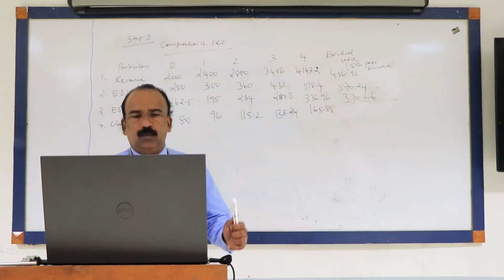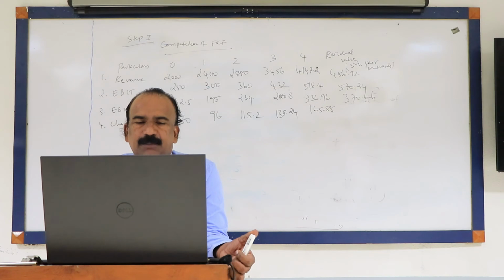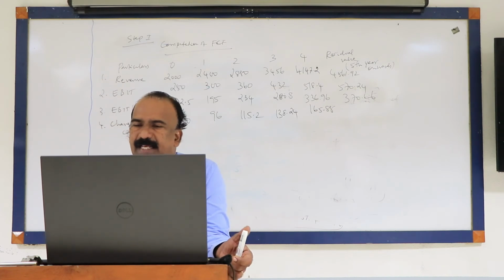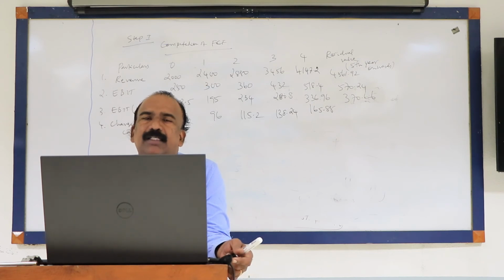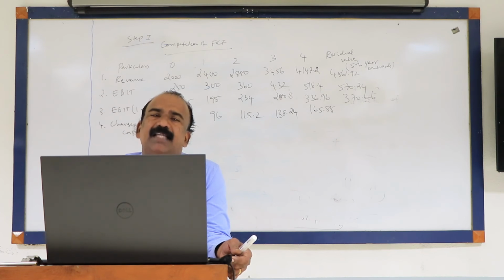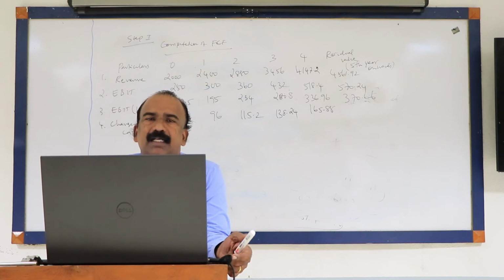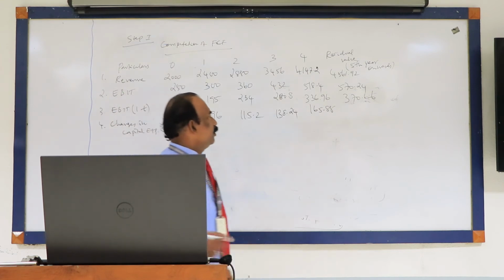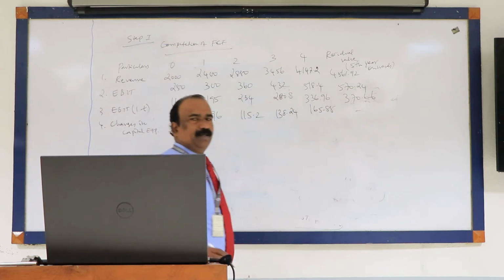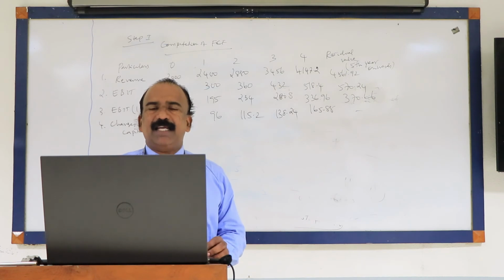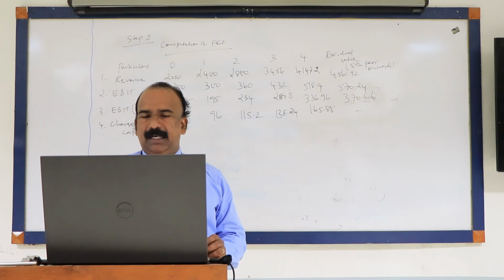Now, when you look at the fifth year onwards, as per the previous case and as per this case also, the capital expenditure is offset by depreciation, because the change in capital expenditure is neutralized by depreciation. That means there is no change in capital expenditure in this particular case. So you put nil, or a dash.